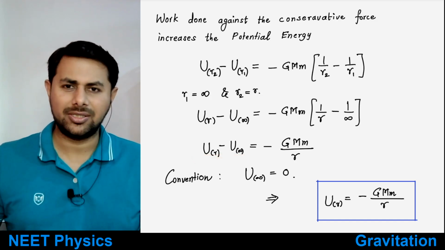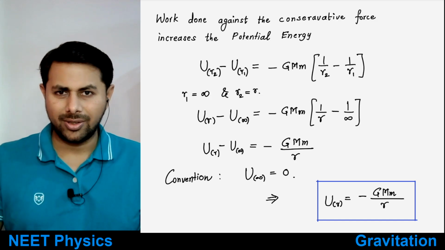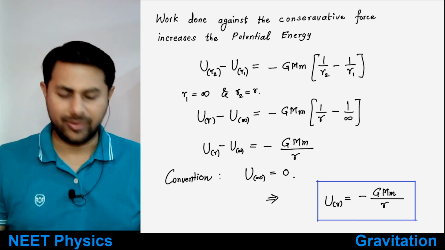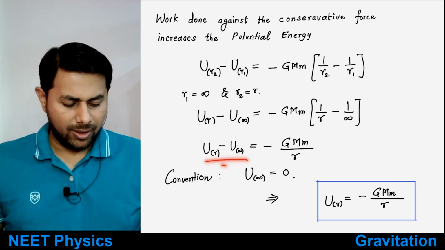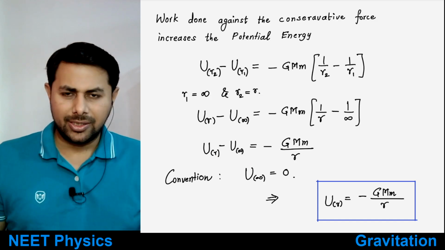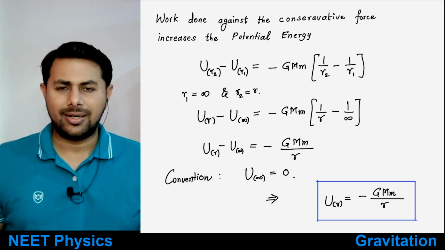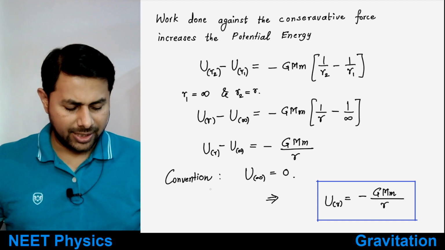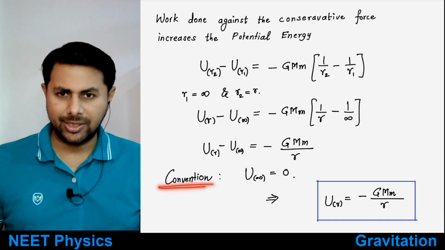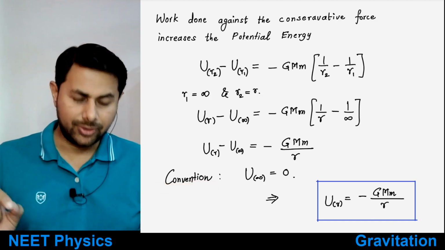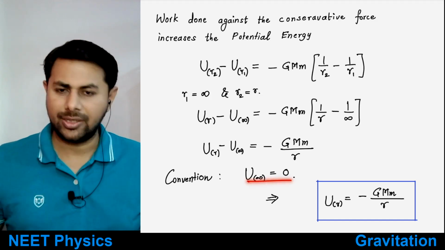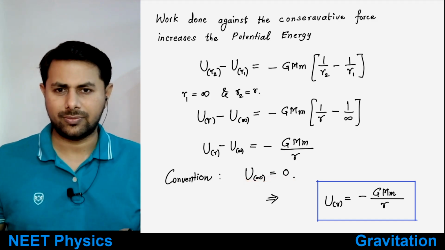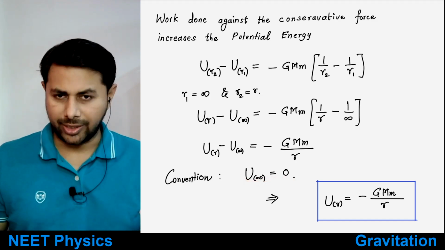We studied this in work, energy and power also, and it will keep on coming. That's why, for simplicity, we choose the potential energy at infinity to be 0. So this is a choice.